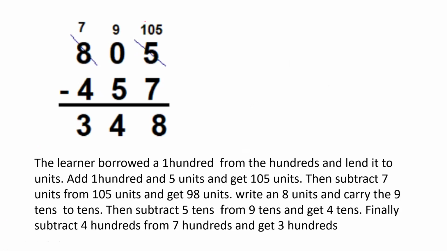That 100, he took it directly to the units and added 100 to the 5, you get 105 units. Then you subtract 57 from 105, you get 48. Then he put an 8, and then he carried a 9. Then the 9 here now is 9 tens. So 9 tens minus 5 tens there, this gives you 4 tens. Then the 700s minus the 400s will give you the 300s.